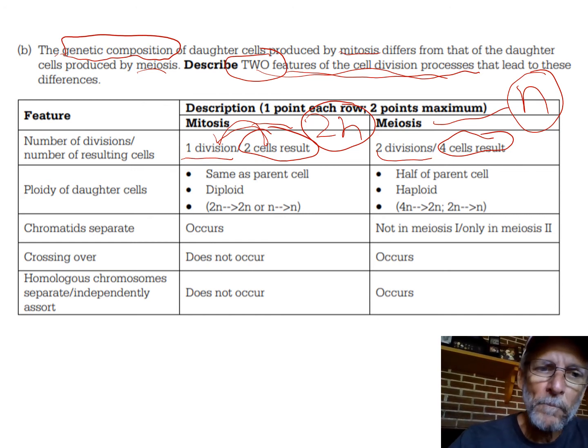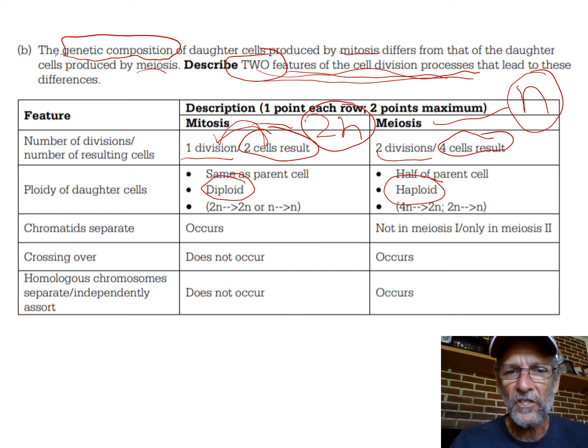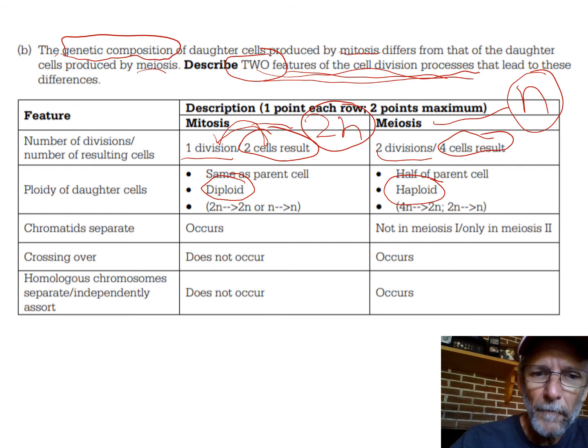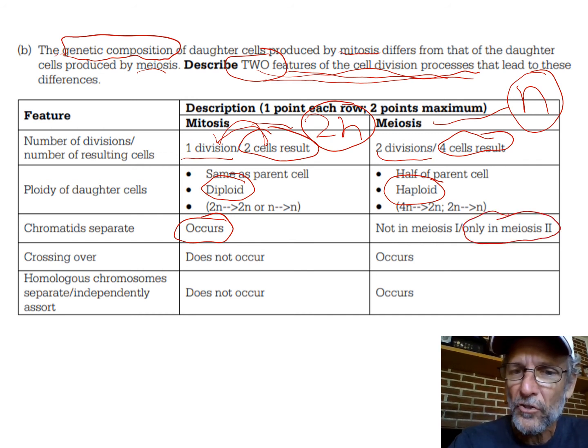All right, so anyway, what is also a feature of the cell division process? Well, here, just saying that it results in diploid cells or haploid, like we just said, that's okay also. That's a feature of the process. It's not describing something about the process, but it's describing the end result of the process, okay? Here we have that chromatids separate in mitosis, but they only separate in meiosis II here.